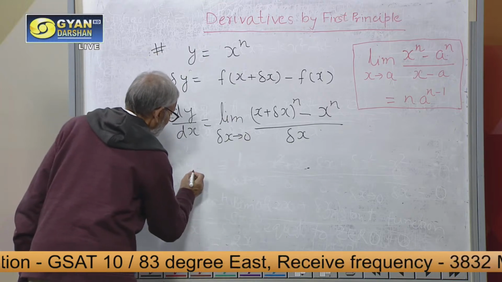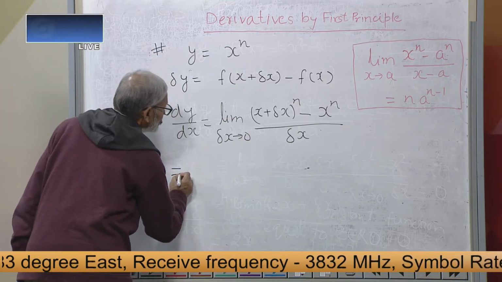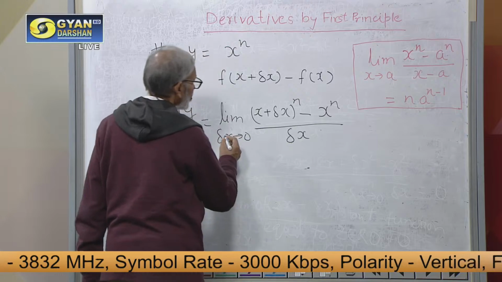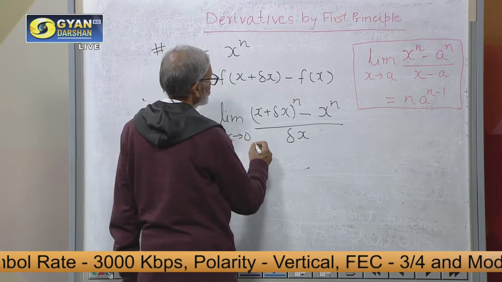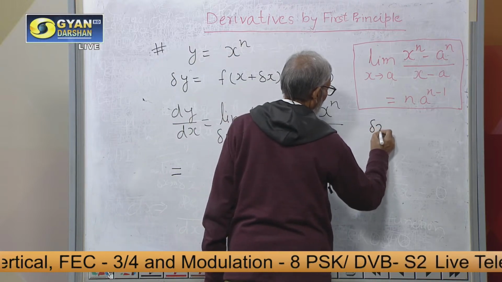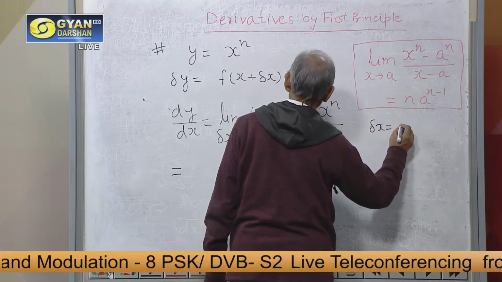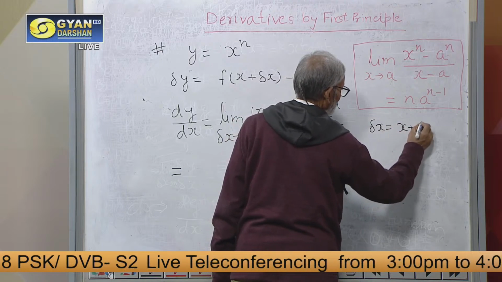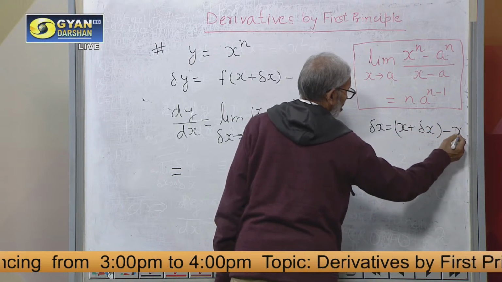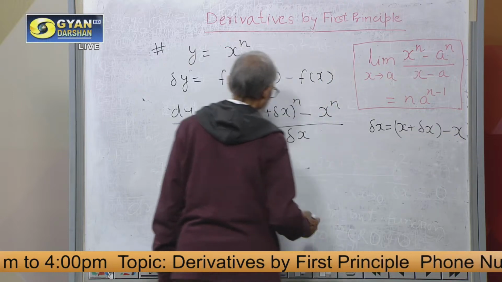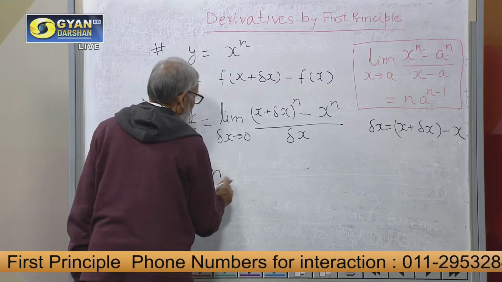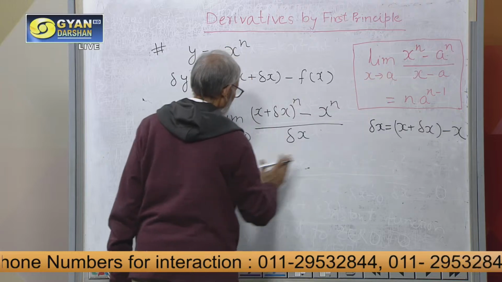You see, this dy by dx will be equal to, and moreover we can write delta x is equal to x plus delta x minus x, because x will be cancelled out, so only delta x will remain. So here we can write it to give the shape of this formula. I am doing this.